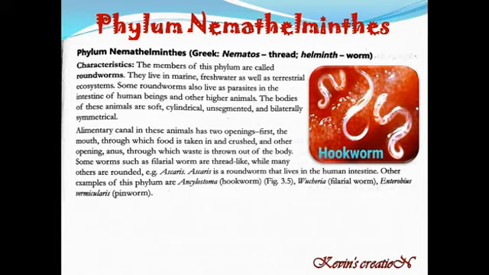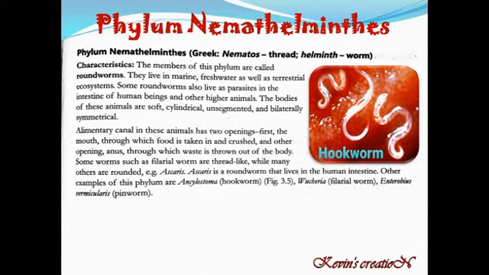Some worms like the filarial worm are thread-like, while many others are rounded. Examples are Ascaris. Ascaris is a roundworm that lives in the human intestine. This is a very common parasite which is found in our body.